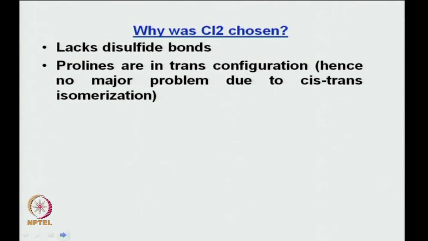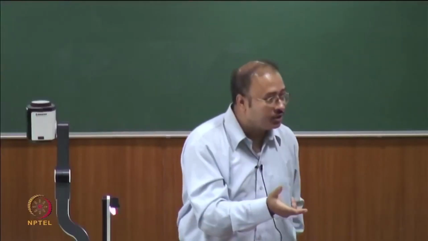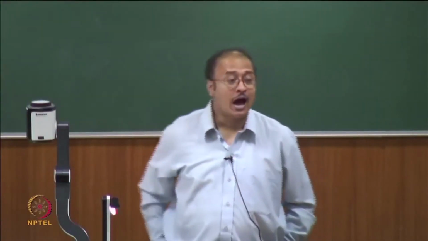So, that means this cis to trans isomerization would also have to be built in during folding. That cis to trans isomerization is not fast, it takes time. Okay. So, hence I would rather go for a protein where I do not have any prolines, but remember I do not have a choice.